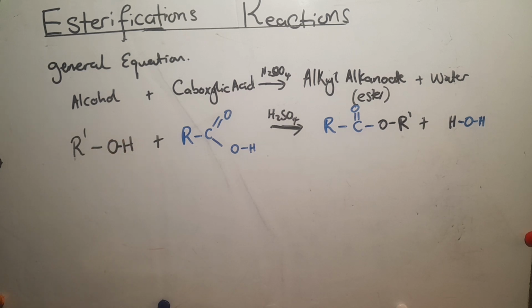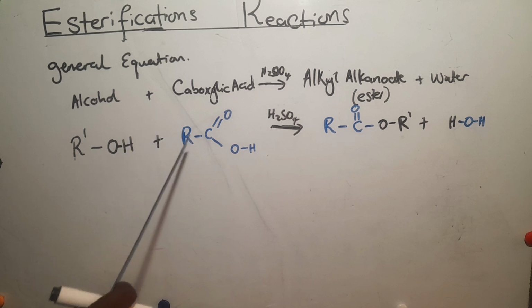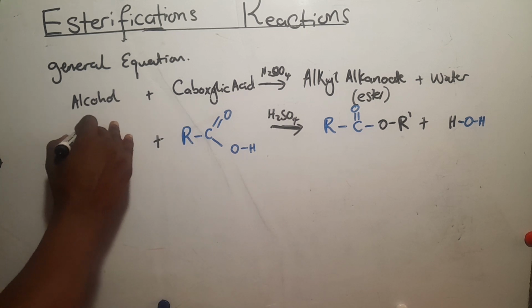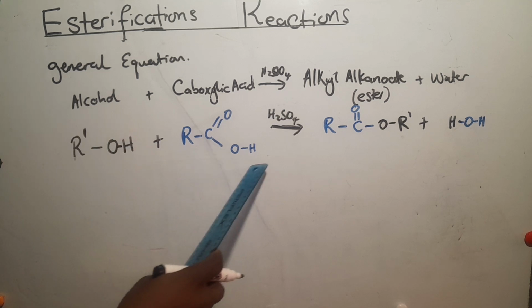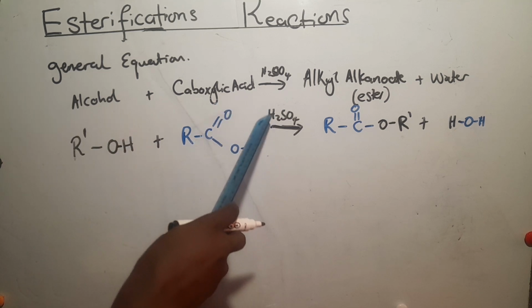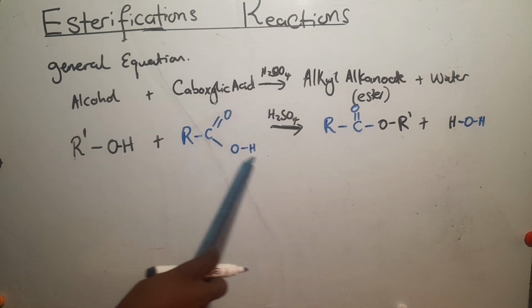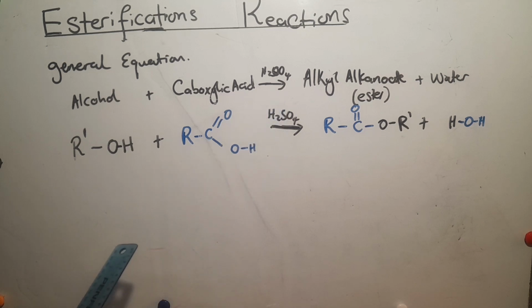So if this is reacting with this carboxylic acid, this is also a carbon chain representing the carbon chain in the carboxylic acid. So we can notice the carboxylic acid by the carboxyl group. So this is the hydroxyl, this is the carboxyl, right? Under the influence of sulfuric acid.